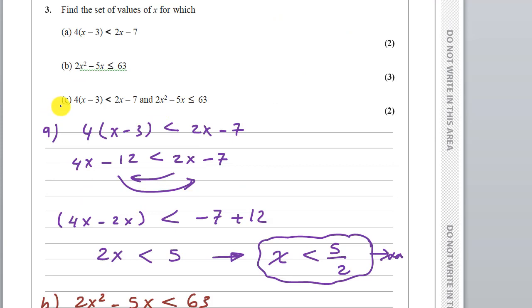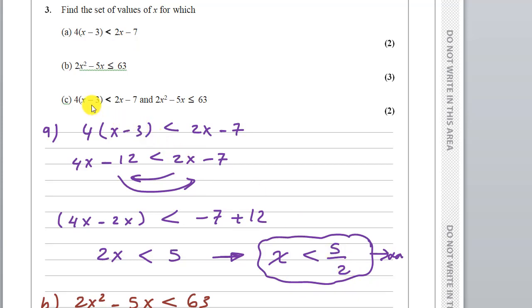Part C, 4x minus 3 is less than 2x minus 7, which is the first part, and then the second part, which is part B, 2x squared minus 5x less than or equal to 63. The value of x in the first part, x is less than 5 over 2.